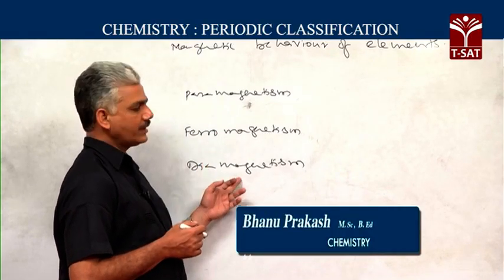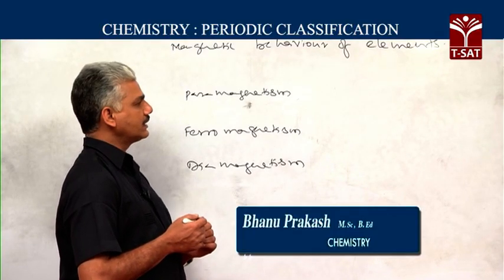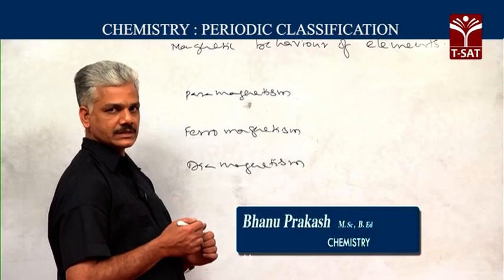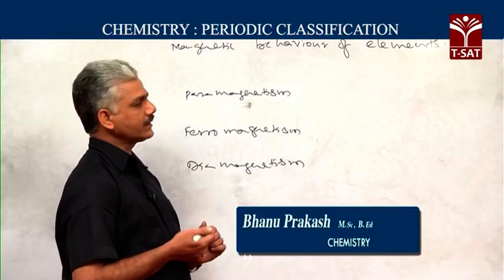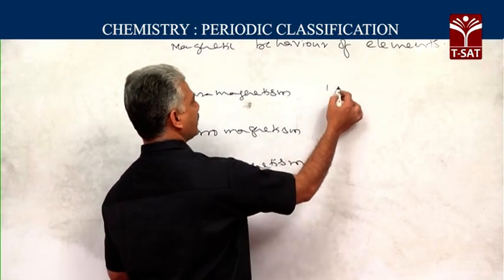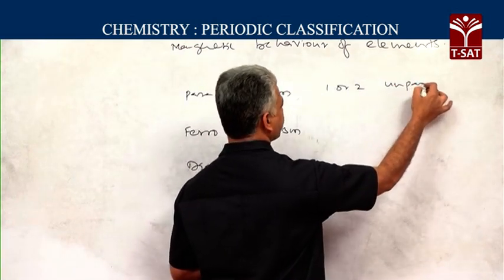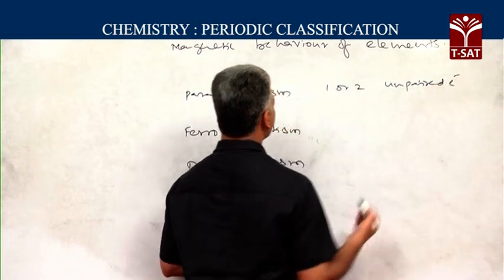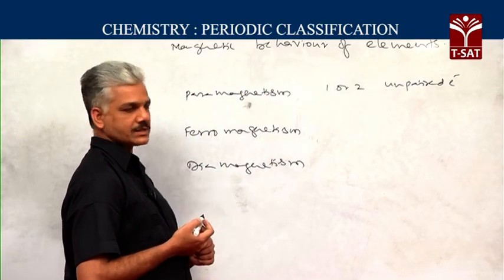These magnetic behaviors or properties are closely related to the electronic configurations and the number of unpaired electrons. In general, if any element carries 1 or 2 unpaired electrons, it will be associated with a paramagnetic character.